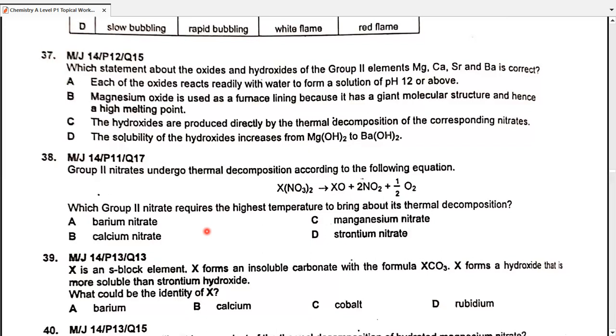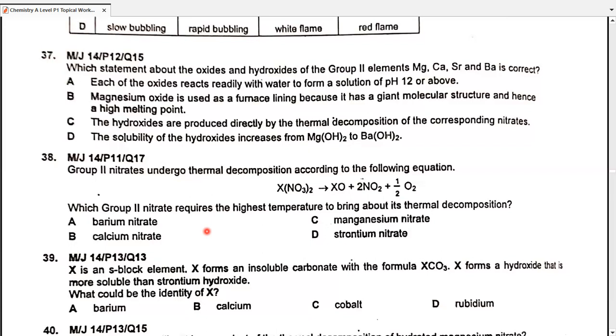I don't think so. The hydroxides are produced directly by the thermal decomposition of the corresponding nitrates. C is wrong. The solubility of hydroxide increases from magnesium hydroxide to barium hydroxide. Yes, D. You had marked D wrong earlier, but D was right all along.